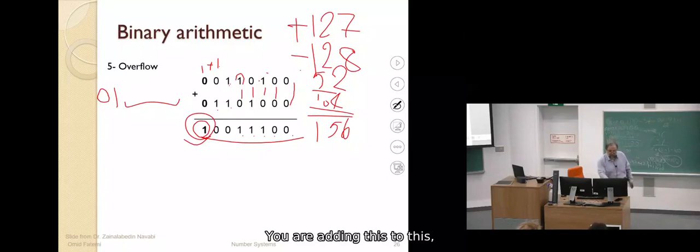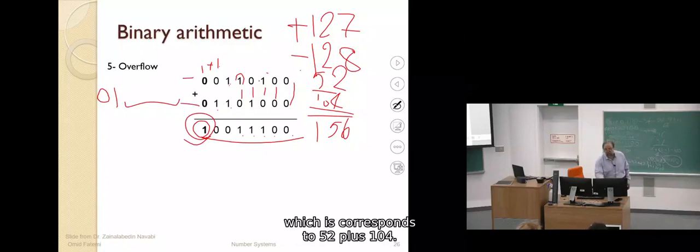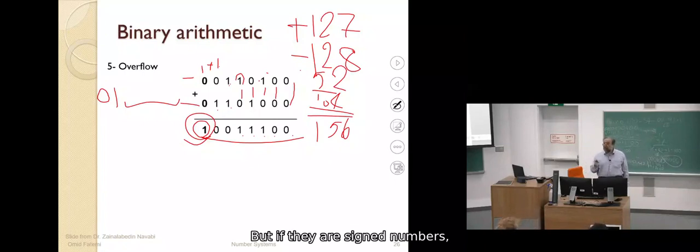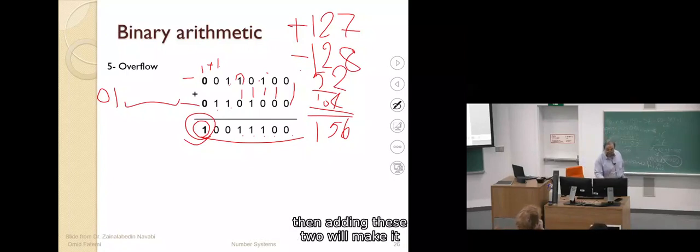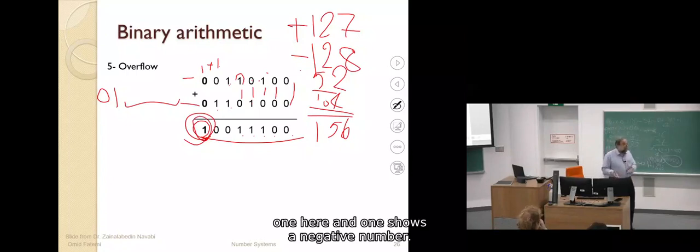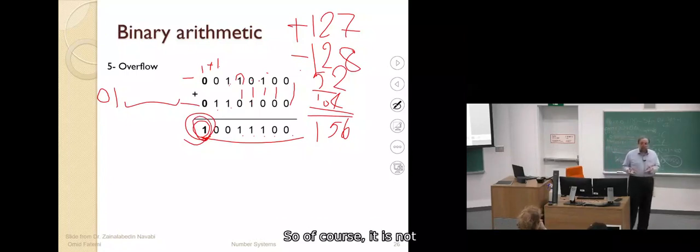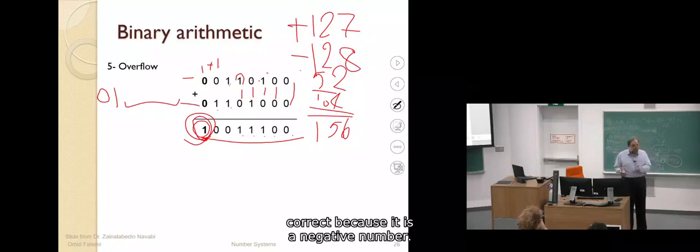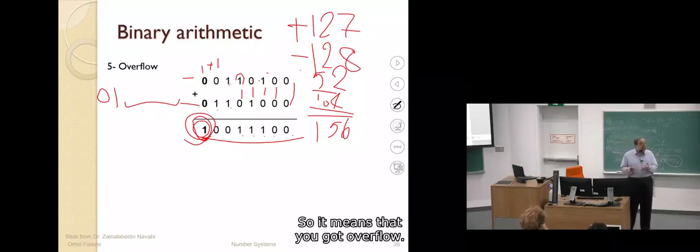You are adding 52 plus 104, and the result would be 156. But if they are 8-bit signed numbers, then adding these two will make it 1 here, and 1 shows a negative number. So of course it is not correct, which means that you got overflow.